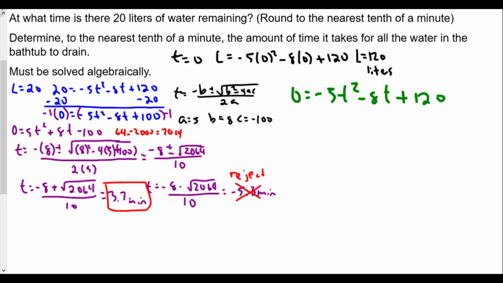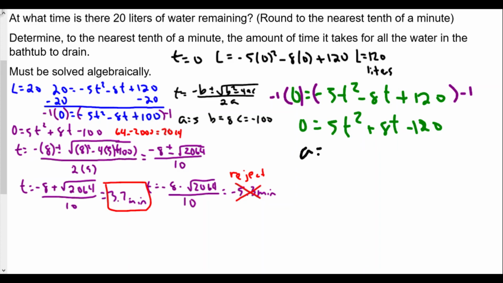We're going to again multiply everything by negative 1. So we have 0 is equal to positive 5t squared plus 8t minus 120. And our values of a, b, and c will be: a is still 5, b is still 8, but our c value now is negative 120.